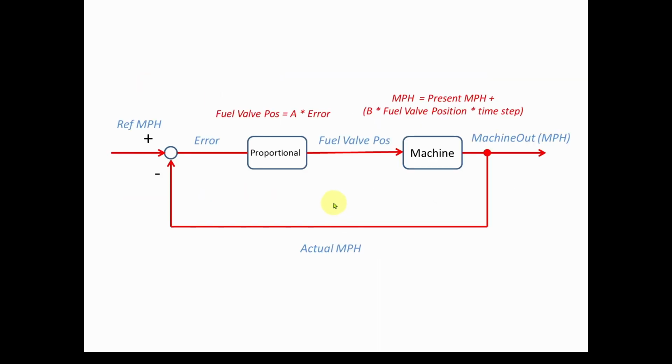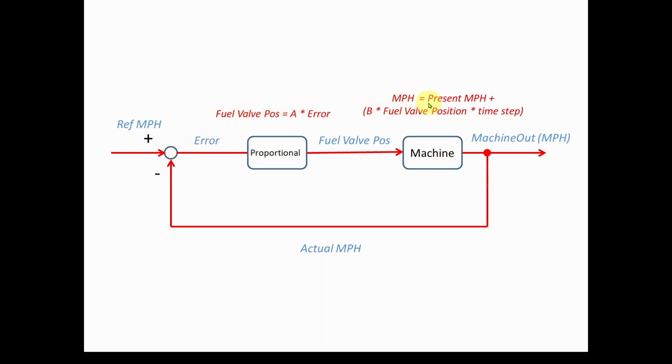So now we have, based on what we did in the first video, our model of U as a controller. We said the fuel valve position is some factor A times this input error. We now have the machine model, which is present miles per hour plus B times the fuel valve position times the time step. That's what this machine does.